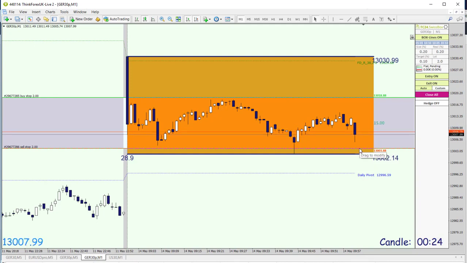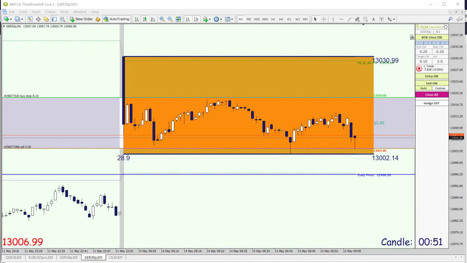And we are now short in the market. Our blue line, the take profit, is slightly below the daily pivot.